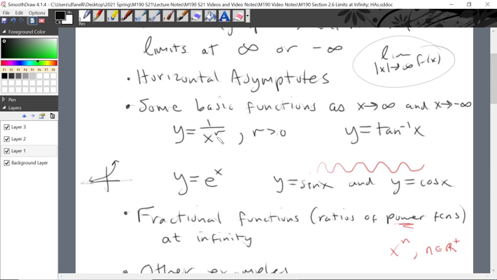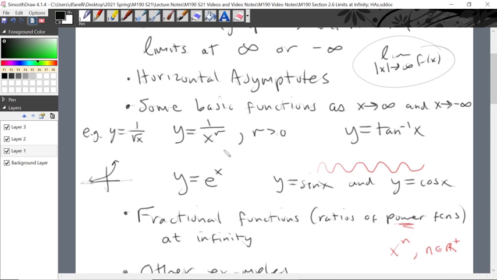So we're dealing essentially with rational functions, except this exponent here doesn't have to be a whole number. It could be a fraction, a rational number as well. So it could be something like 1 over x to the 1/2. So in other words, y equals 1 over the square root of x, for example.